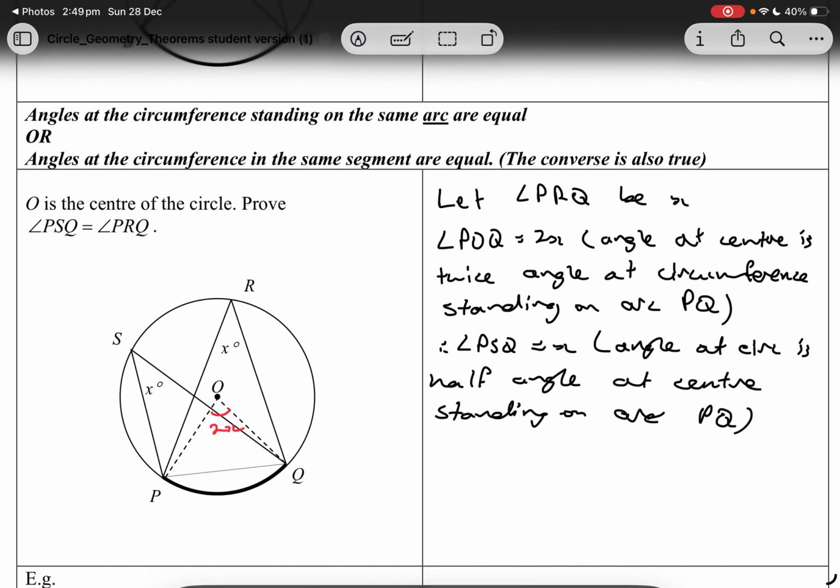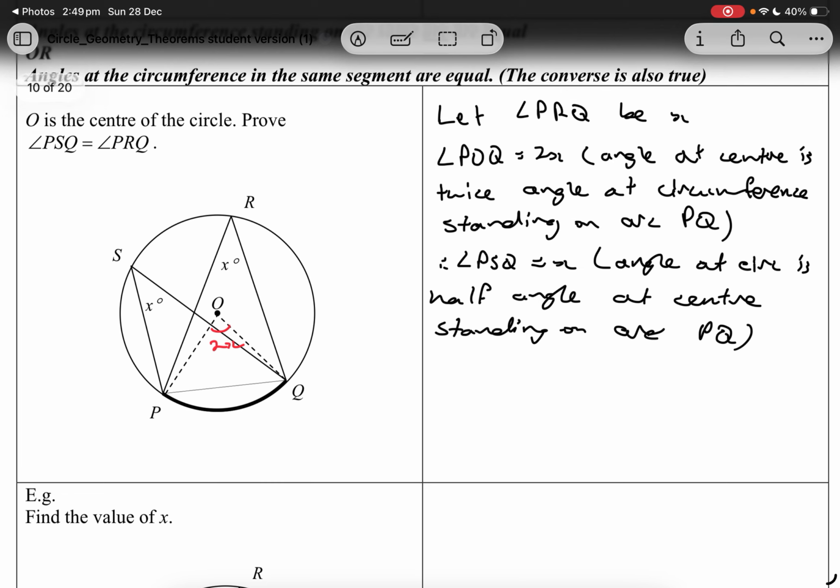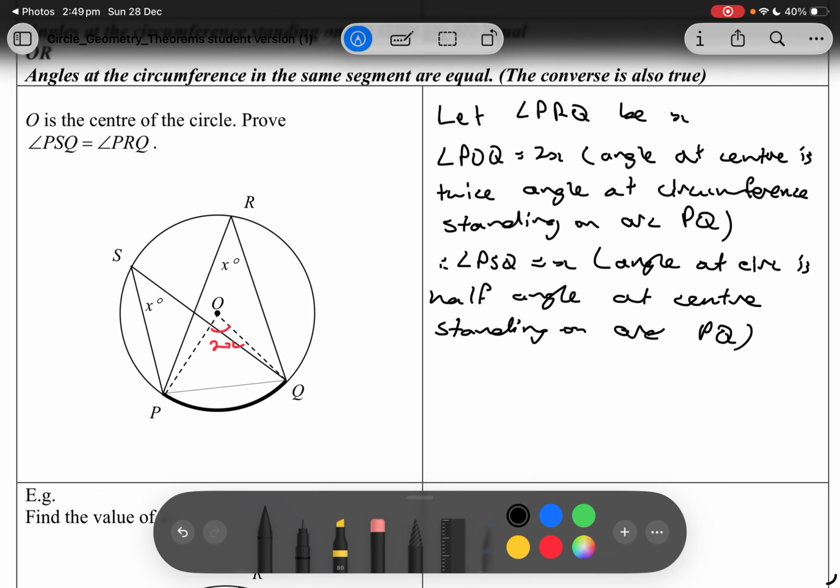So we've now just used this angle at the center to make a relationship between these two angles. Because they both equal x, we can therefore say that angle PSQ equals angle PRQ.